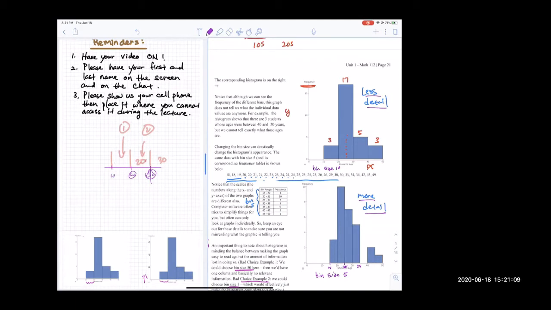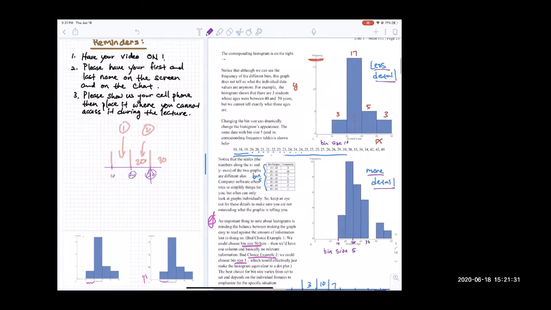If it's symmetrical and unimodal, we use the mean as the measure of center. Whereas if it's skewed to the left or right, we use the median as the typical center. So it is very important that we know what type of distribution or shape we're working with. Okay, so far so good.